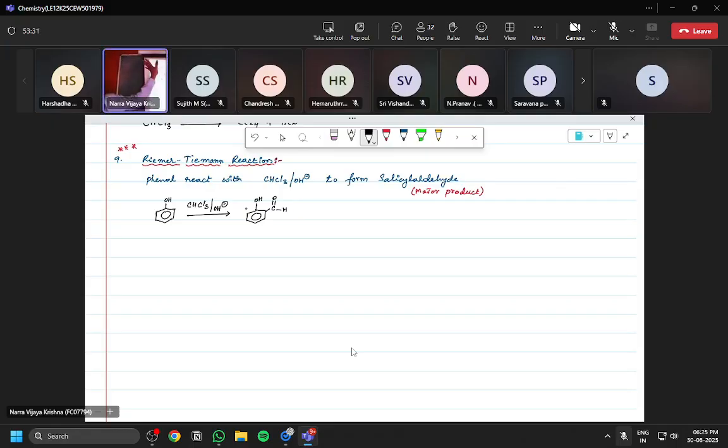Reimer-Tiemann reaction. Instead of this, if the same phenol reacts with carbon tetrachloride, CCl4, in the presence of base, then you will get salicylic acid as the product.